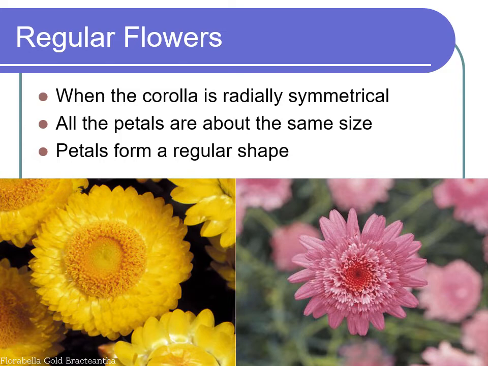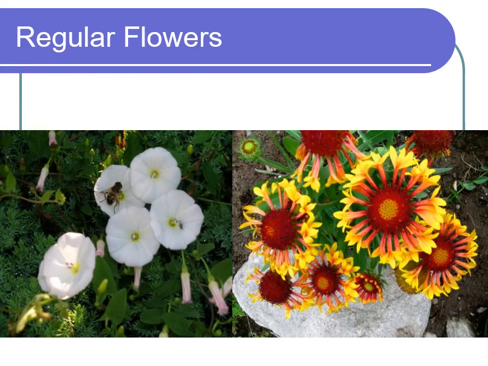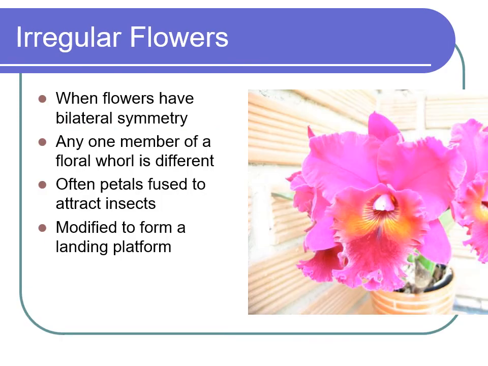Moving on to flower shapes. Regular flowers are where the corolla is radially symmetrical, so the petals are uniform all the way around, the same size and regular shape. There are lots of examples of regular flowers. Irregular flowers typically are bilateral in symmetry, so you can draw a line down the center and the flower is the same on either side.